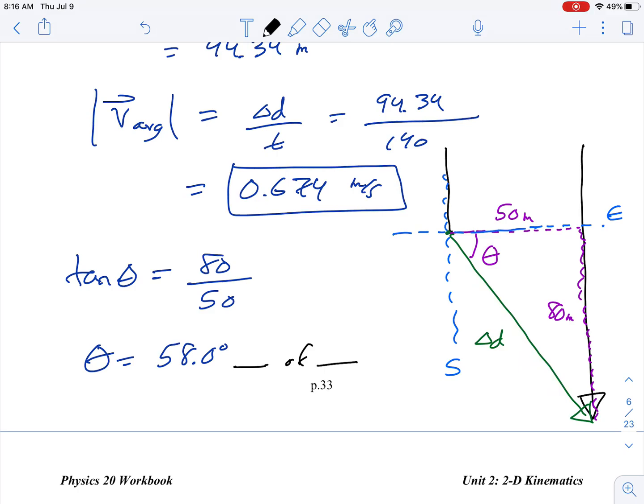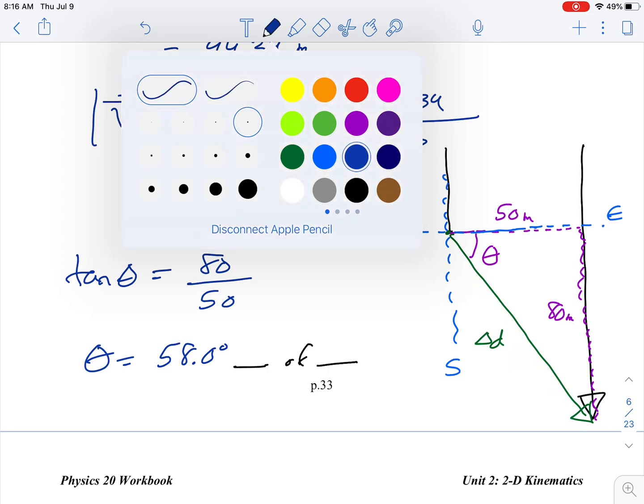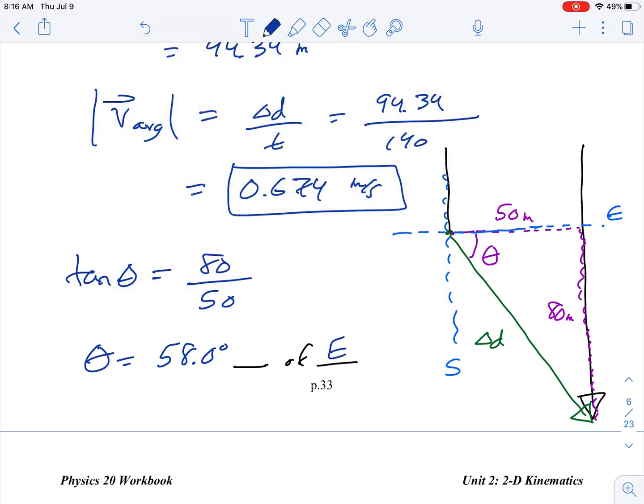But remember, the second letter is the axis that you start at. So in this case, the second letter would be east because that angle starts at the east axis and then you go south from there. So 58 degrees south of east. Done.